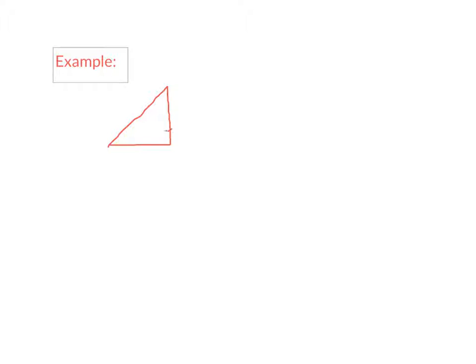So I've got a right triangle here, and I'm going to say that this side right here is 3, this side here is 4, and the hypotenuse is 5. Okay, this should be a fairly common right triangle that you're familiar with, and I'll call this angle A over here. So I've got a right triangle, the sides are 3, 4, and 5.